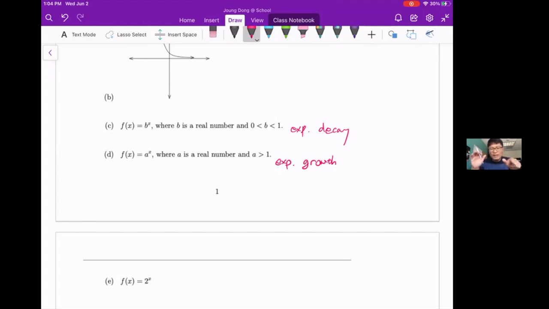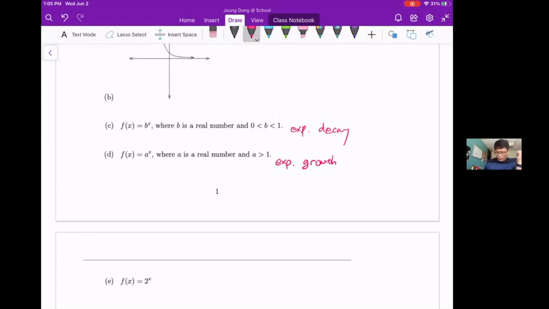Then case D, when a is bigger than one, for example 2. Even if it's 1.1, just a little bit bigger than 1, it doesn't matter. Same situation: 2 squared is 4, then 8, 16, 32, getting bigger and bigger, approaching infinity. That is exponential growth.